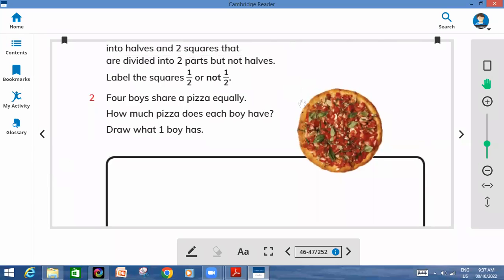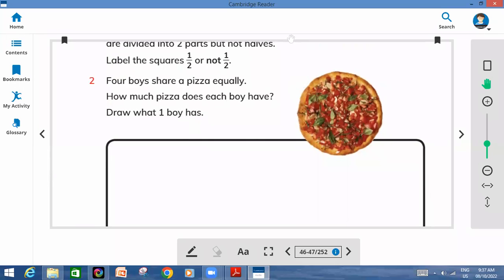So first, what we are going to do, cut the pizza into four equal parts. So here and here.